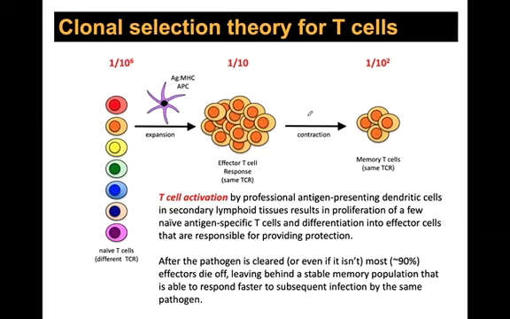So no matter what happens, this response is pre-programmed to die off so that the immune system is not going to kill the host. But when they do that, you leave behind this stable memory population. For CD8 T cells, it looks like it's absolutely stable for the rest of your lifetime. For CD4 cells, it may drop off a little bit, but essentially you have a relatively stable memory population, so that the next time you get infected, these cells don't have to go through all the checkpoints. They've already made a response, and so they can just go ahead and respond.